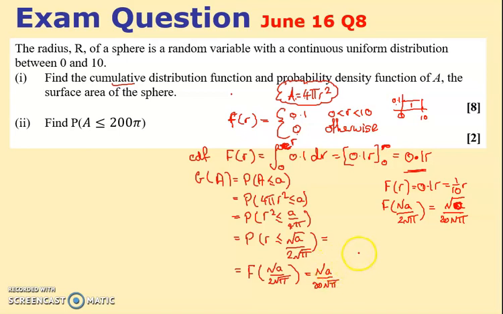Now, I of course want the PDF as well, and you should recall that to find this, I've got to differentiate it. So G, because this is G of A, capital G. So if I want little g of A, I differentiate. And I've got over here that it is root A. Well, that is A to the half over some number. 20 root pi, that's just a number.